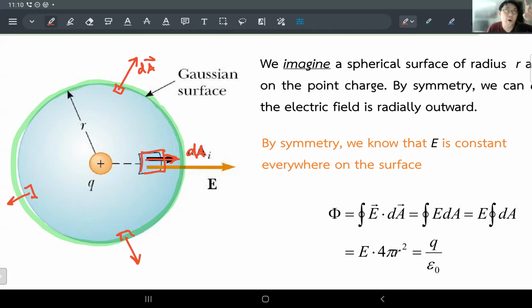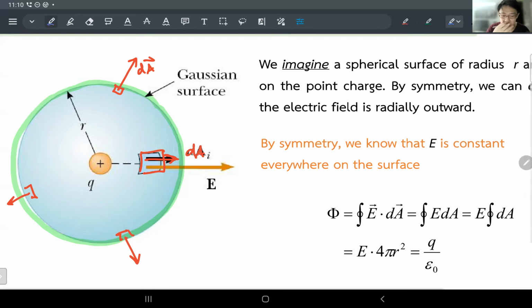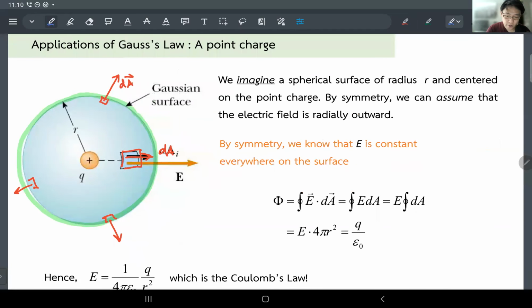You shouldn't have an electric field pointing up stronger than the one that's pointing down. You cannot bias like that because they all look exactly the same. So that's why the electric field is supposed to point out in the radial direction, with the same magnitude in all directions as well. Does that make sense? So in conclusion, the area vector and the electric field vector are now parallel. The angle between them is 0.